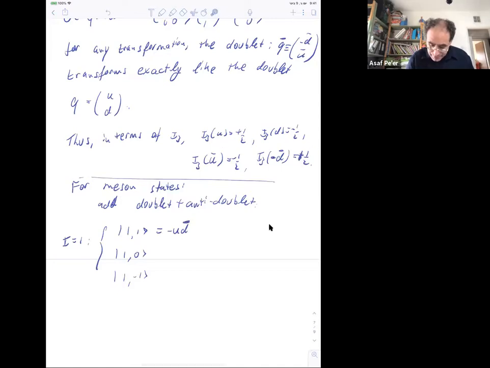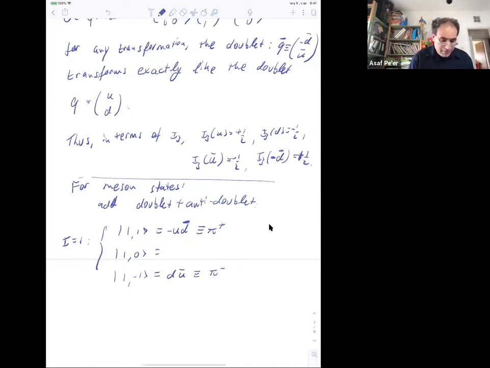We call that the pion plus particle. -1, of course, would be the down and anti-up, which is the pion minus.